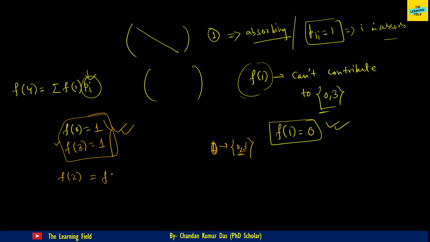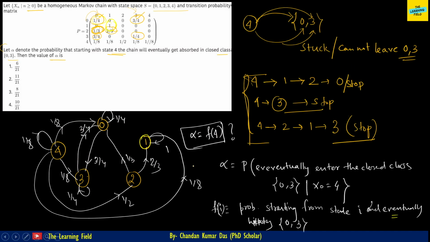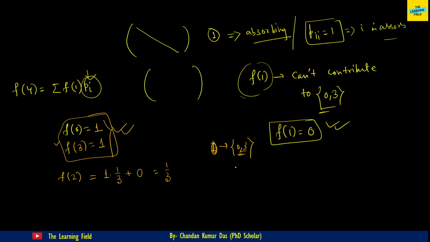So f2 means we have 1 into 1 by 3 plus f1's contribution, which is 0. So we get 1 by 3. Understand or not? In the row of state 2, we only have 2 to 0 and 2 to 1, with probabilities 1 by 3 and 2 by 3, but this 2 by 3 corresponds to state 1, which is not included in the closed class {0, 3}. So that's why this contribution is 0. So f2 is 1 by 3.